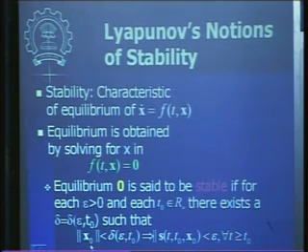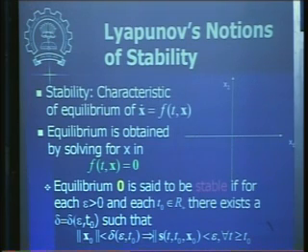So when x0, your initial state, starts in this ball of delta radius, then it is guaranteed that the norm of the solution to this differential equation is always less than epsilon. That is the definition of stability in the Lyapunov sense. Now let us see geometrically for R2 space how this will look.